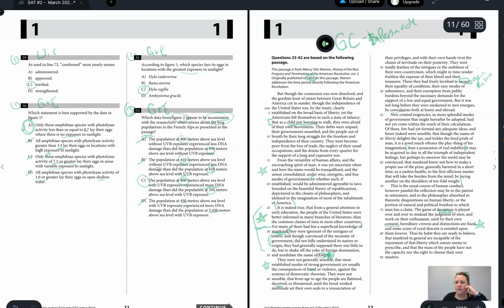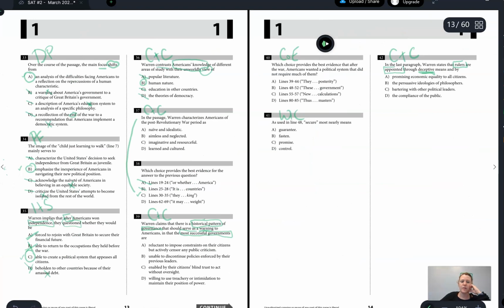It may be acquired today in all the triumph of independent feelings, but perhaps tomorrow the world may be convinced that mankind know not how to make a proper use of the prize. So this prize and this it are talking back about the government and the stability. So I don't think this is about Americans. So we can actually get rid of that one. So it must be C.